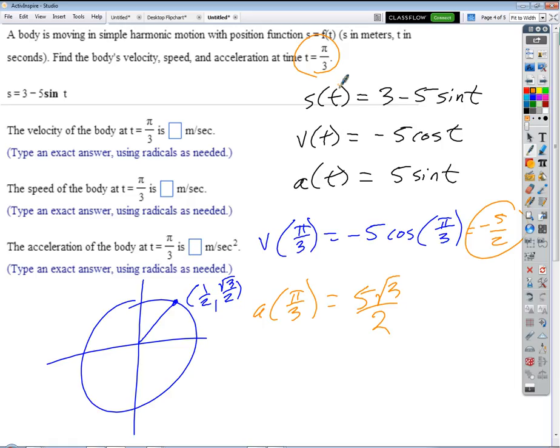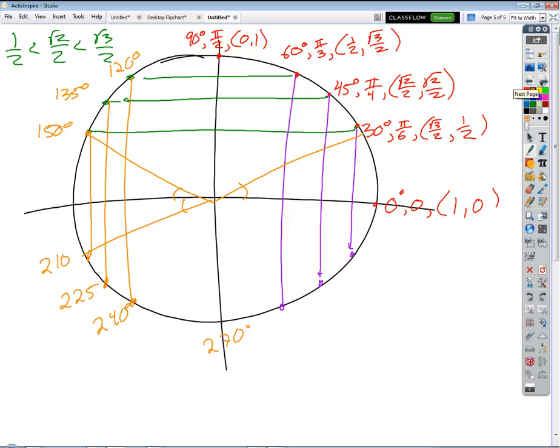Will you say it again, the velocity at pi is equal to negative 5 cosine? Right. How do you get negative 5? Because the cosine of pi thirds is 1/2, I was copying something, but I missed that. Right? Okay. Right, because cosine, oh, then negative 5 times. Yeah, exactly. There you go. Yep.